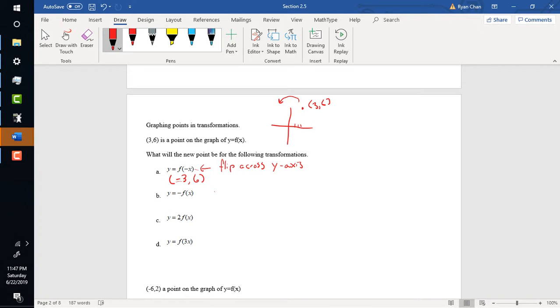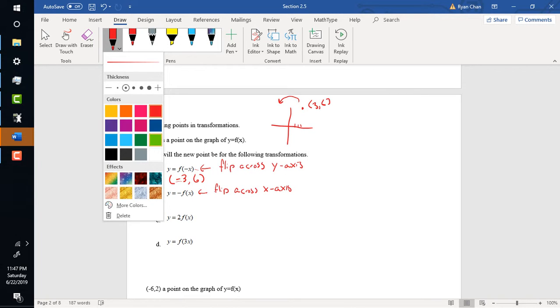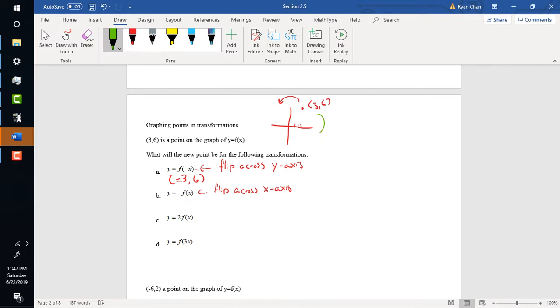So part B is actually going to be flipping across the x-axis. This will be 3 comma negative 6.